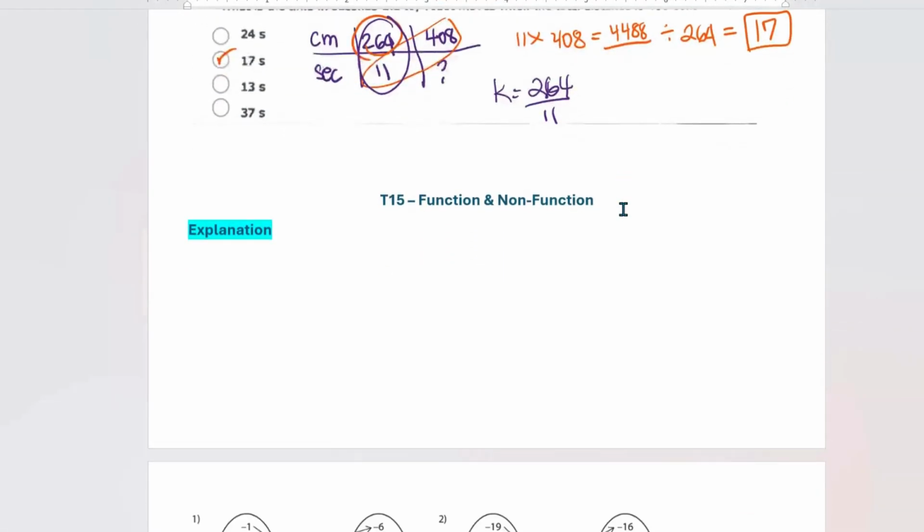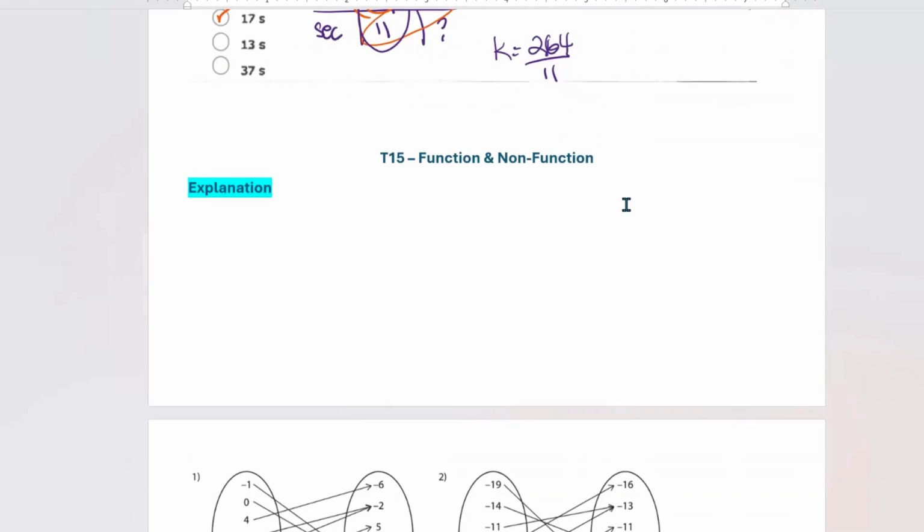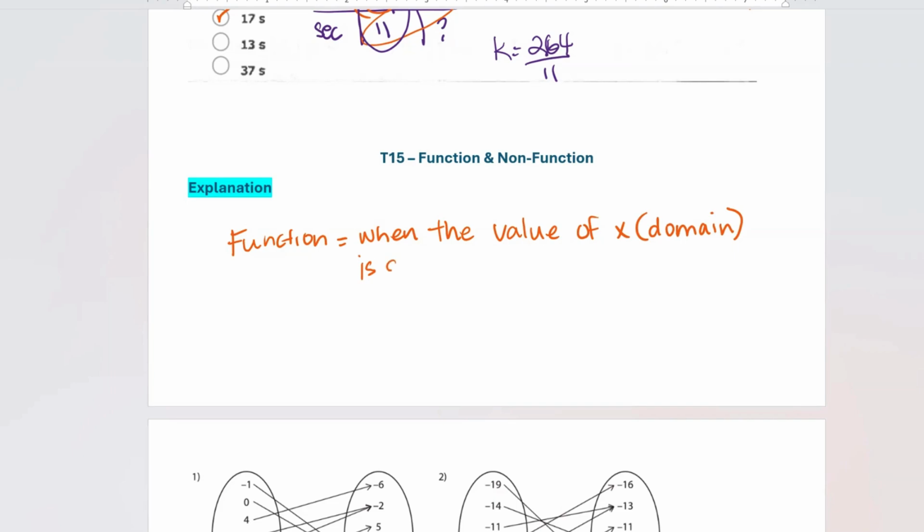All right, next topic is function and non-function. Okay, let's do some review. Function: when the value of x, or we call it the domain, is a single number, not repeated.